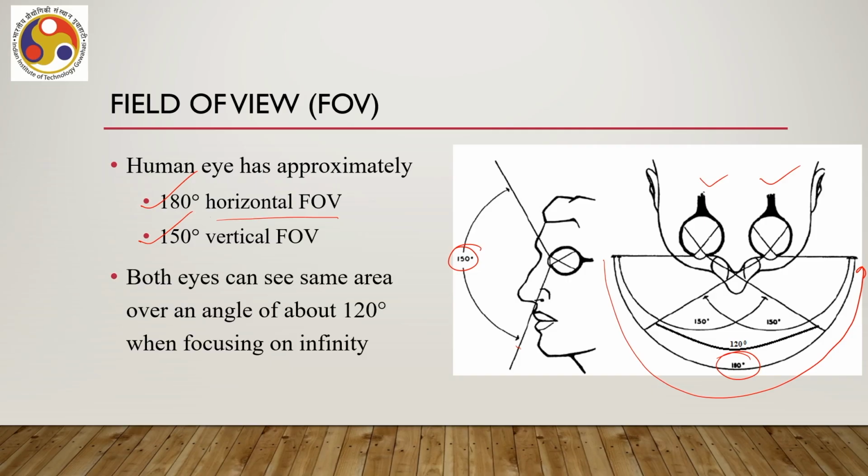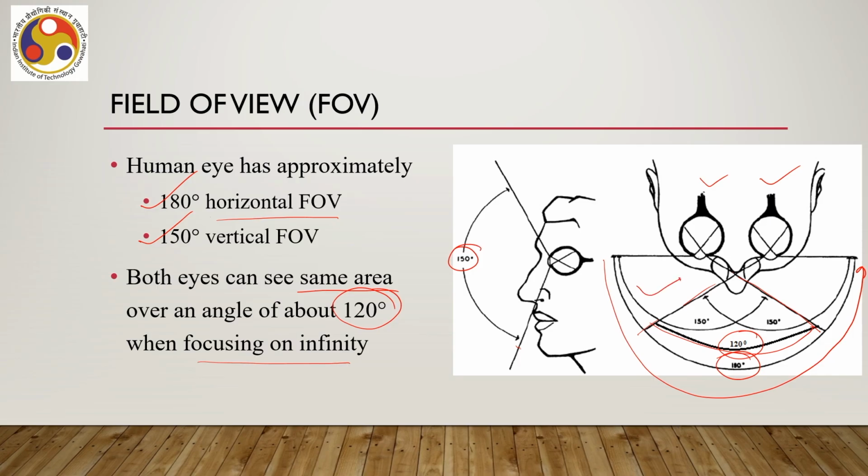Now, when we are looking at something using both our eyes, both the eyes can see the same area over an angle of about 120 degree when focusing on infinity. So, this 120 degree region denoted by this region is a common region where both the eyes get to see the same thing.